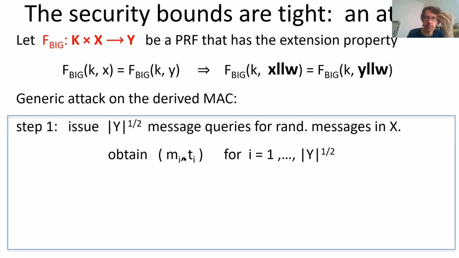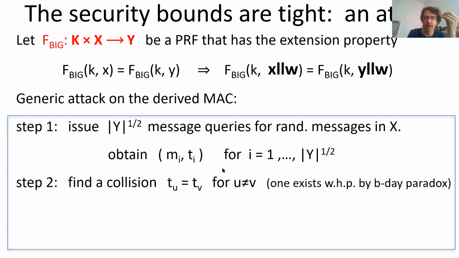If this is even a perfect PRF, acting like a random function, these TIs are random samples from the range. So after I see so many samples from this range, by the birthday paradox I have a high probability of finding a collision when I reach this bound.